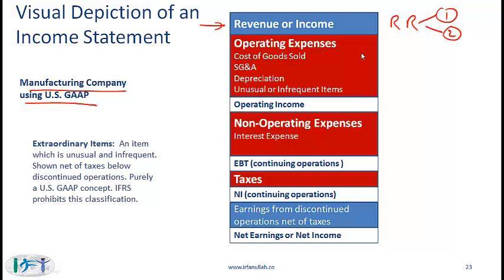With operating expenses, we have these major operating expenses typically for a company: the cost of goods sold, sales, general and administrative expenses, depreciation, which is a non-cash expense but still considered an operating expense. And then in the US GAAP context, we have a category called unusual or infrequent items, which need to be shown as part of operating expenses.